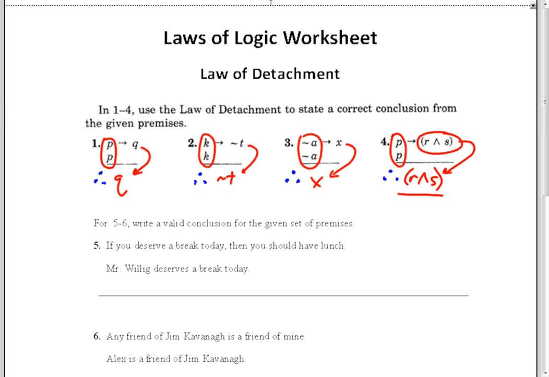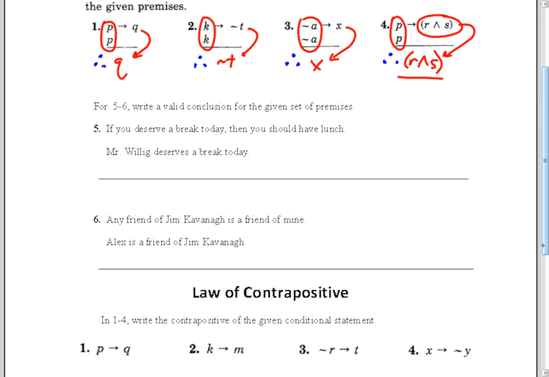For 5 and 6, let's convert this into symbols. It's fairly simple to figure this out in your head, but when you have 7 or 8 of these linked together and you have to pick out pieces, it's easier to look at symbols rather than entire sentences and paragraphs.